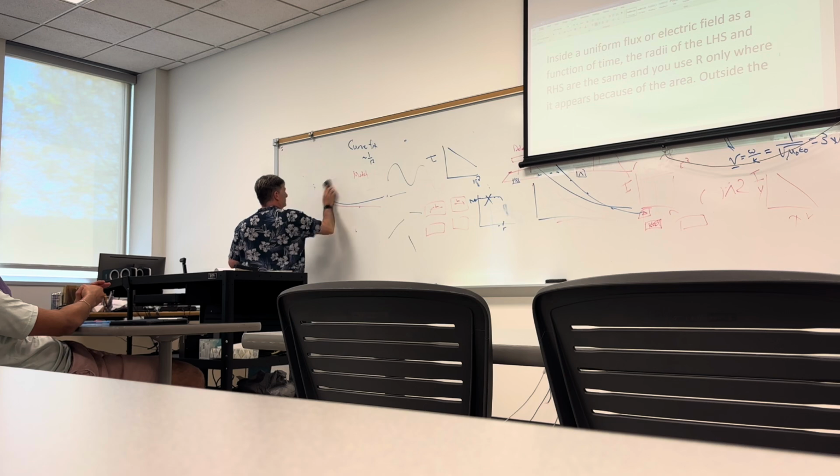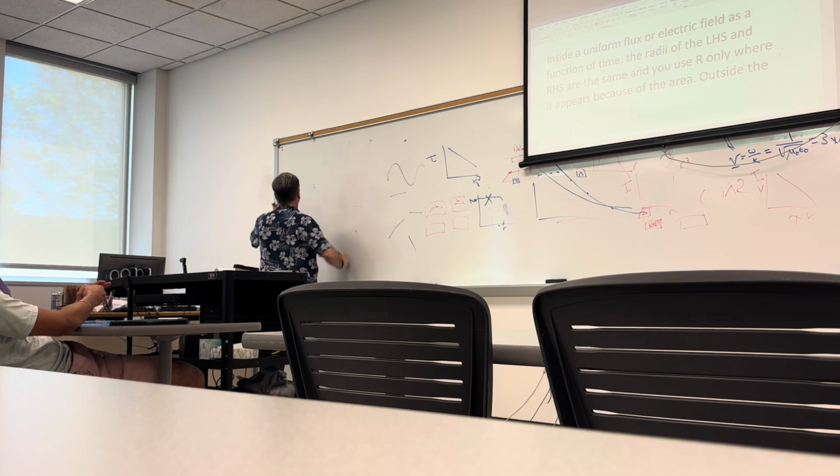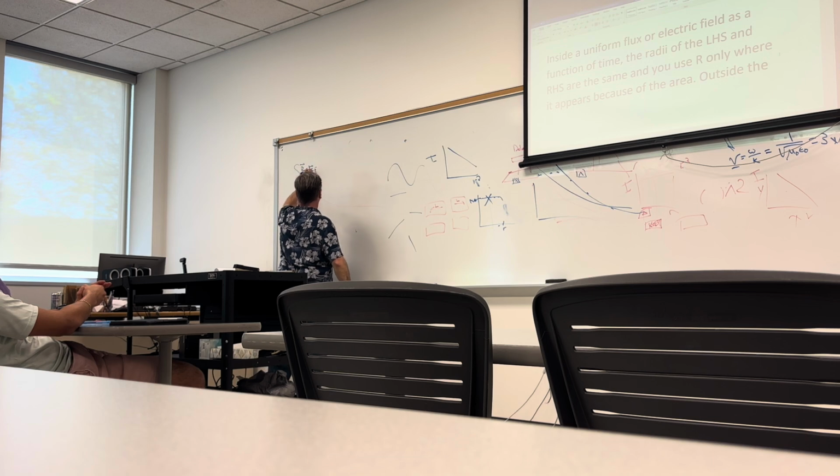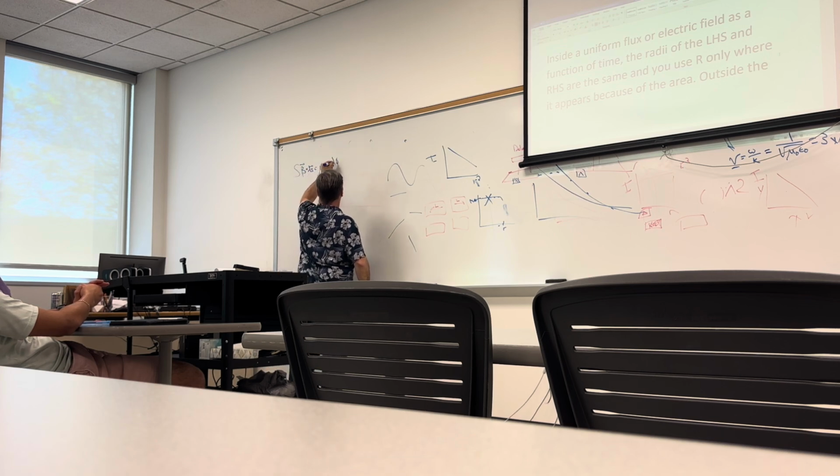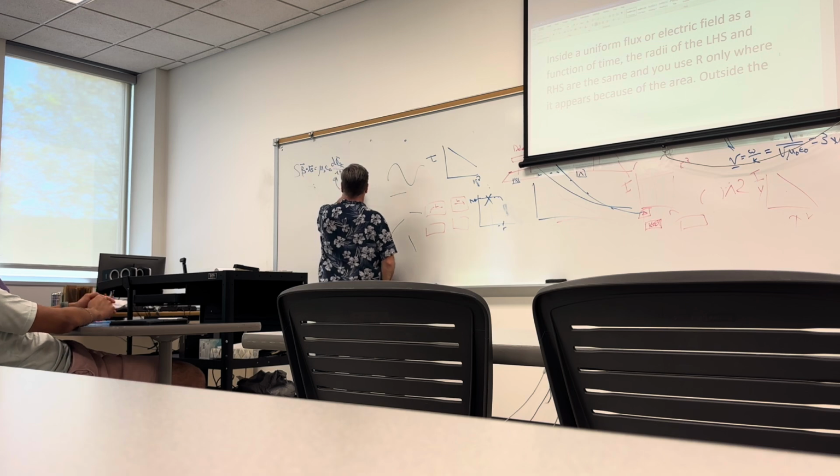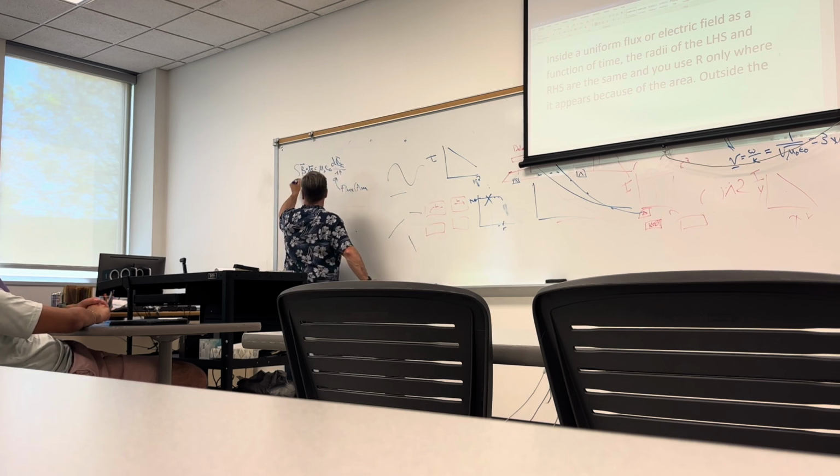So, path integral of B dot ds is equal to, we're only going to do the Maxwell part of it. This is a flux integral, right? It's an area, right? This is a path, but it's going to be a circular path.